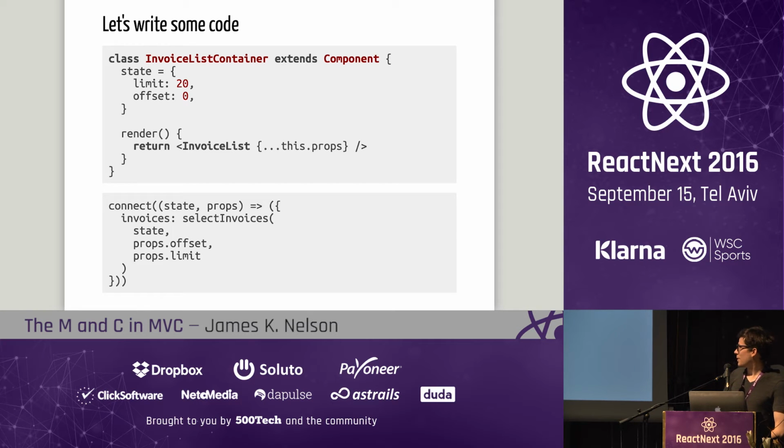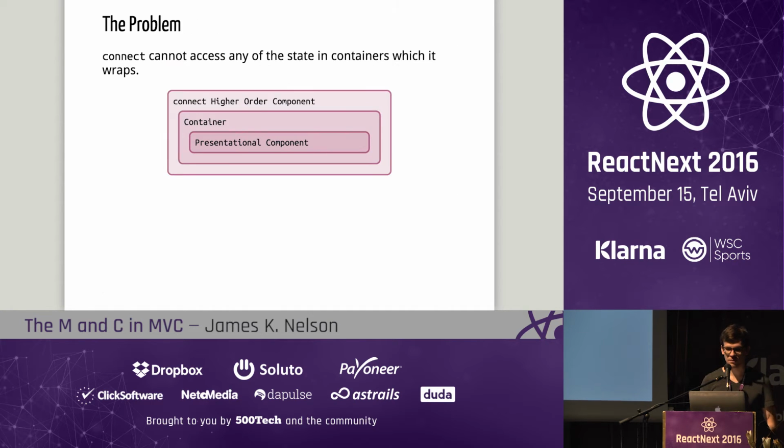But it doesn't have access to the offset and the limit because that state is stored inside the container component. So if we have a look at this diagram here, if Connect is on the outside of the container, then we can't access the state inside of the container. And that's a big problem, because it means we can't really reuse these containers with Connect.